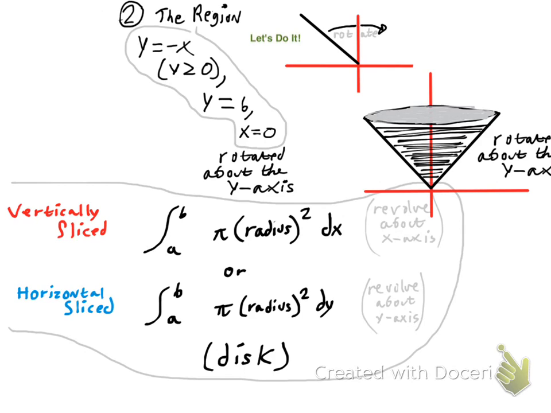So you take the line that you see here in the top graph, that's y equals negative x, only concerned about positive range values, and then you rotate that about the y-axis, and you end up with this thing down there, which is a cone, right? This is a cone, or a circular pyramid, so to speak.